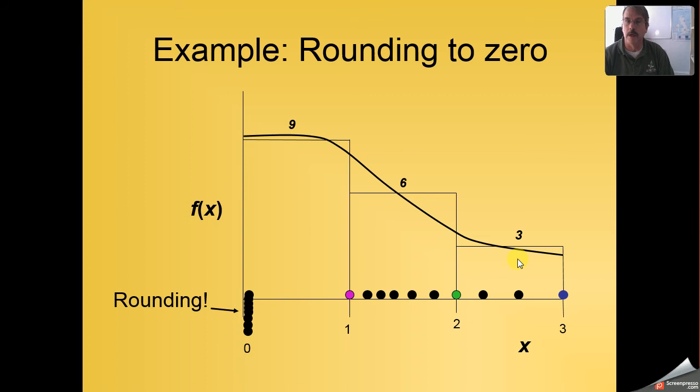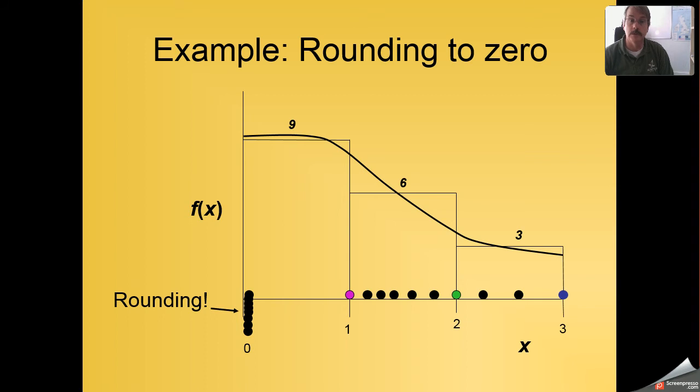What does the world look like when we have poor fit? Notice, I've now taken 8 of those 9 data points that used to live in this interval, and I've piled them all up onto 0. So I have really poor data because this observer rounded all of the distance measurements made between 0 and 1 and said, oh, they must all be 0.